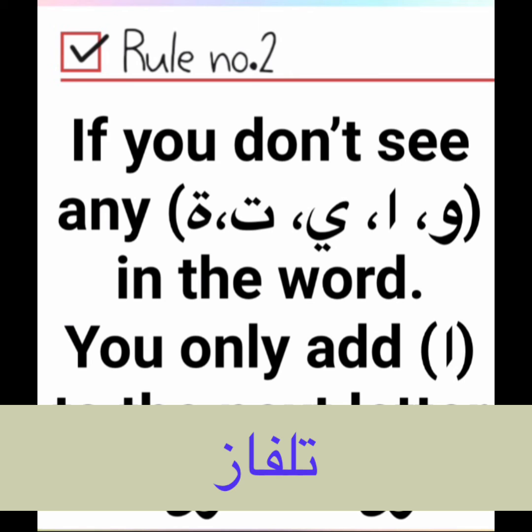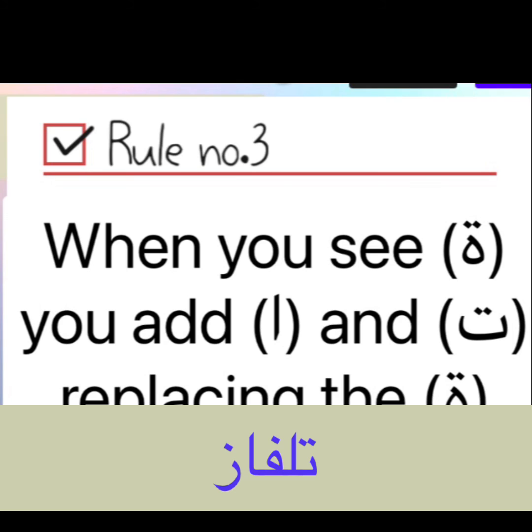Let's go to rule number 3. When you see تاء مربوطة, no, there isn't any تاء مربوطة at the end of this word. So again, rule number 3 doesn't apply here. Let's go to rule number 4. The funny part is I already know the answer, but let's follow the steps wisely to make sure you get it.